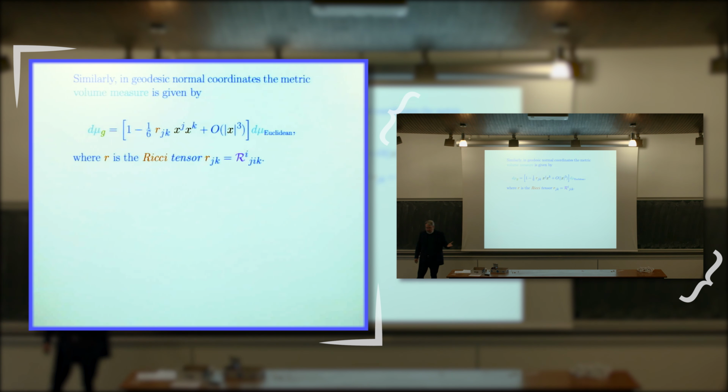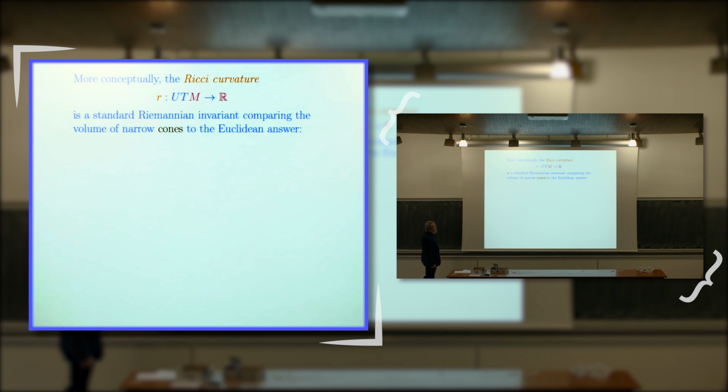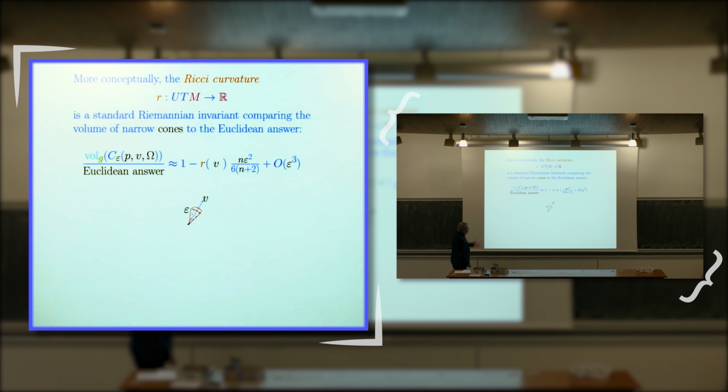All right, so more conceptually, you can think of the Ricci tensor as a function on the bundle of unit tangent vectors, and it encodes the degree to which the exponential map fails to preserve volumes. So more abstractly, you might say, let's take a small cone truncated at distance epsilon in the tangent space.